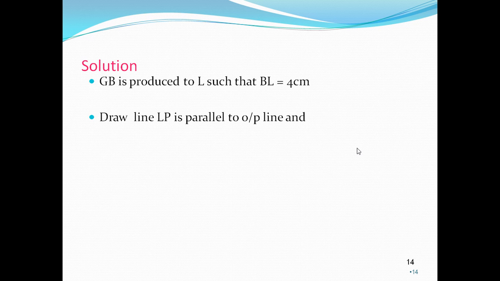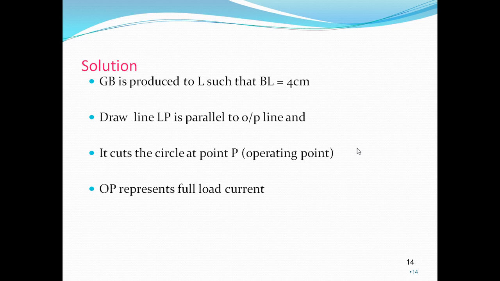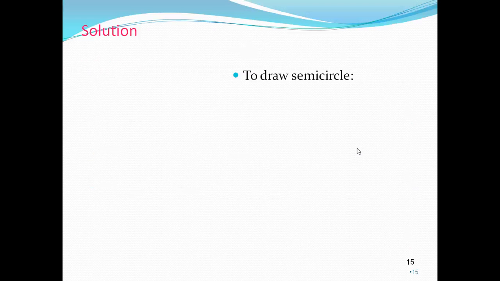Now from point L, draw a line parallel to the output line which cuts the circle at point P. After getting this point, join center O and P. So OP represents full load current.